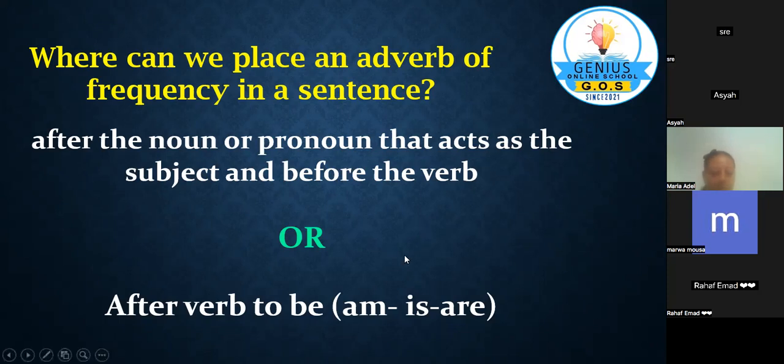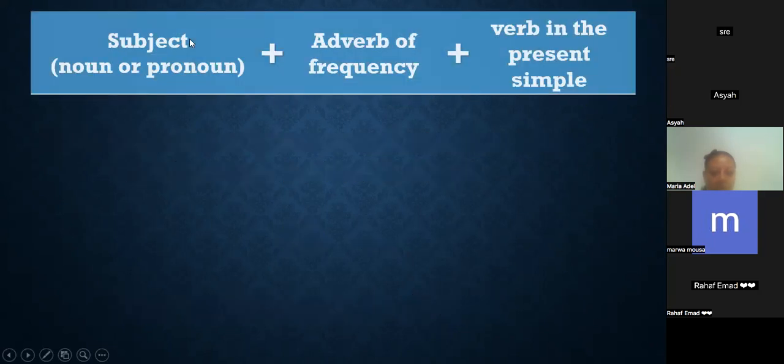Let's look at an example that's more clear. Here is the subject, noun or pronoun, then the adverb of frequency, then the verb in the present simple form.